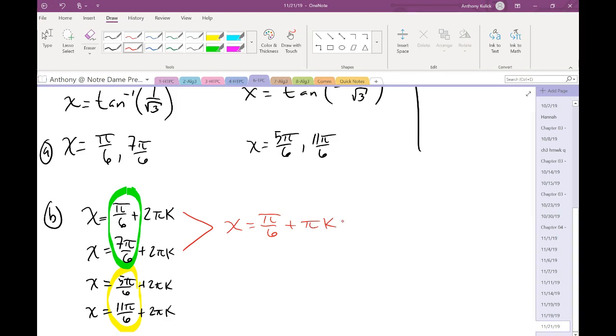So if I add pi to pi over 6, I get 7 pi over 6. If I add pi again, I would get 13 pi over 6, which is the one coterminal to pi over 6. If I add pi again, I'll get the one coterminal to 5 pi over 6. So it just allows me to combine those two answers into one answer.